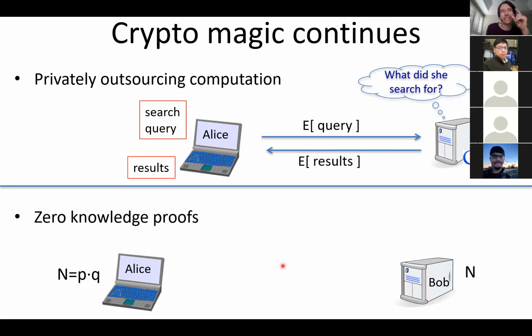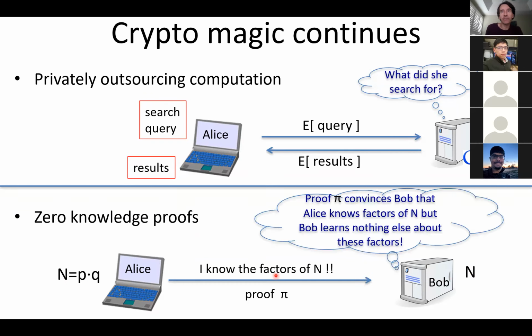In particular, she does not allow Bob to replicate this proof, to turn around and keep on proving to others that he is Alice, because he learned P and Q. So she cannot just send him P and Q, right? That would be a simple proof he can verify, but that's not a zero knowledge proof. It's actually a full knowledge proof. You give him exactly everything you know. So now he can go around and do proofs.